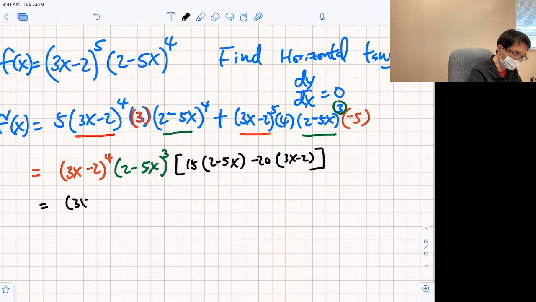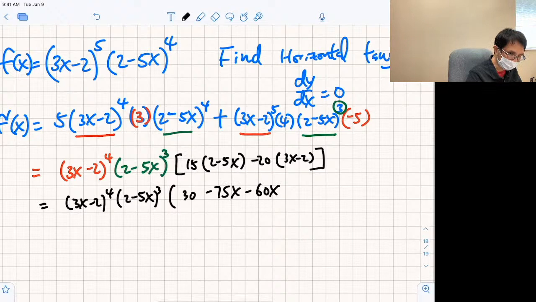This becomes a little bit easier for your eyes. So that was 3x minus 2 to the fourth, 2 minus 5x to the third, and this one is going to be 30 minus 75x minus 60x plus 40.